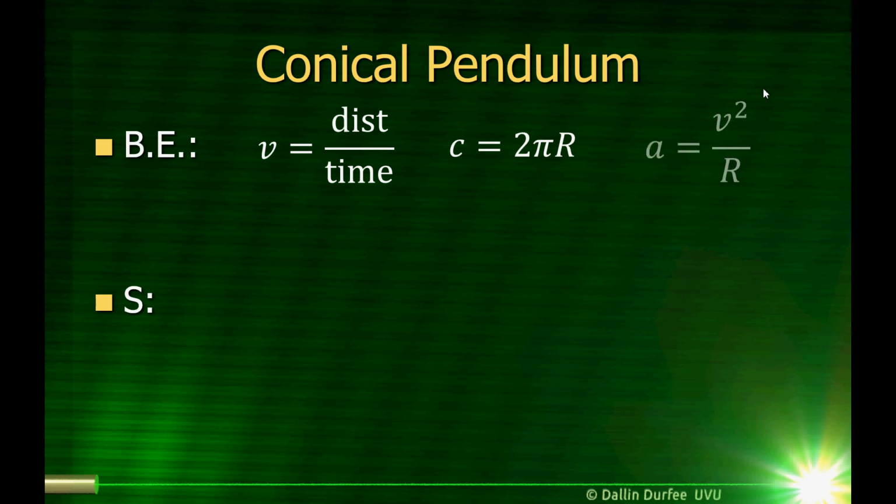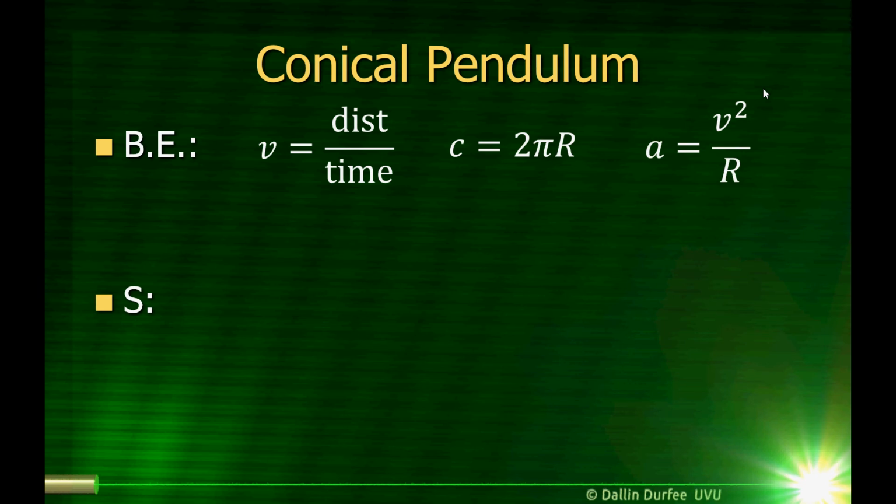So, our basic equations. First of all, velocity is distance per unit time. So if I can find the velocity of the ball, and I know the distance that it travels as it goes around its circle, I can find the time it takes to go around the circle once. Well, of course, the distance that the ball travels as it goes around the circle is just the circumference of the circle, 2 pi r.